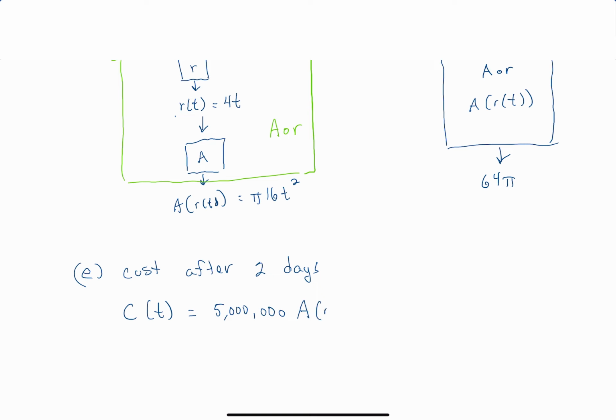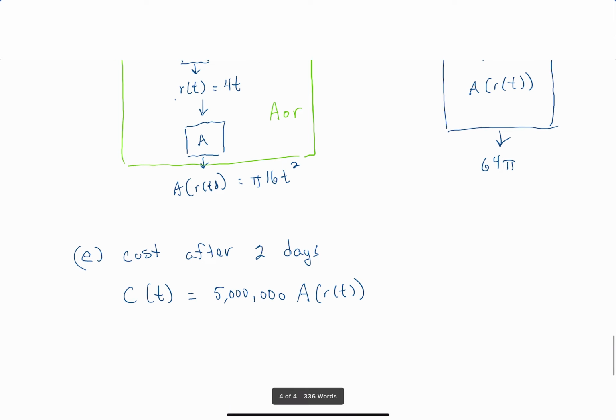So 5 million times the output of our composite function. So C of 2 is 5 million times, and we said the area after 2 days was 64 pi.